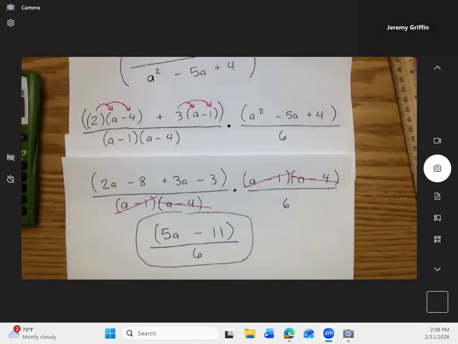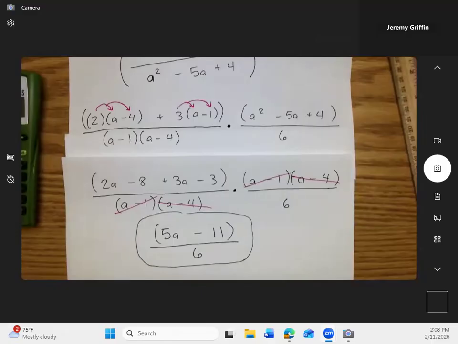Got it. Need more paper? Yeah, we're gonna do another.